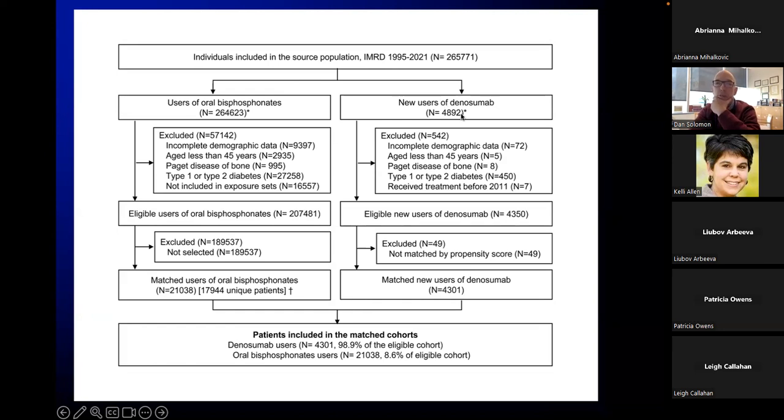That's going to be the exposure of interest. We apply the same exclusion criteria. We have our eligible populations, and then we had some further exclusions, and then we propensity score matched patients. We really wanted to retain all of the denosumab users, so I think we did an N-to-1, so we could match multiple oral bisphosphonate users to the denosumab users.